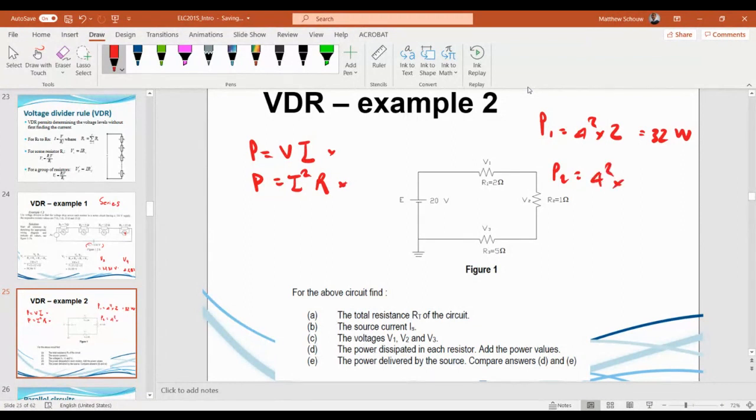Same current. That's times 1. That is 16 watts. P3 is going to be I squared, 4 squared again, times 5. 16 by 5 will give us 80 watts, right?